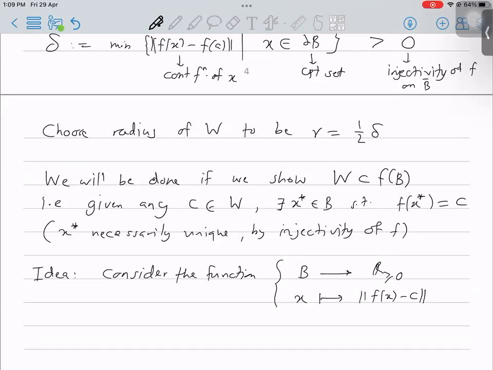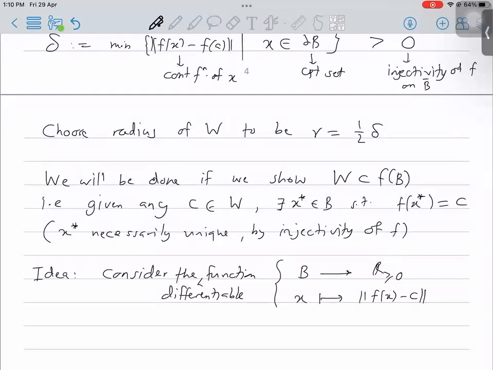In fact, is it differentiable? Sorry, just one second. No, this function will not be differentiable. The norm function is not differentiable, just like the absolute value. But how do we make this function differentiable?